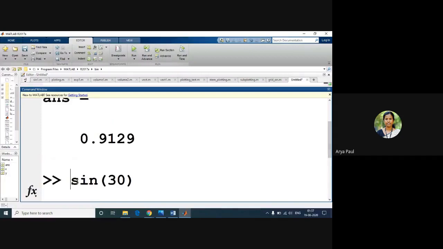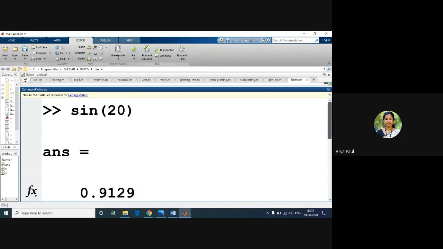The sine function is not working in degrees. Inside the sine, MATLAB is not taking it as degrees. It is taking it as radians. So please note that whatever you are typing inside the bracket of the sine function, it takes as radians, not as degrees.